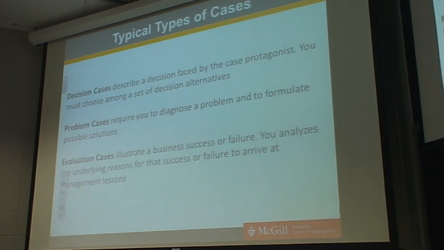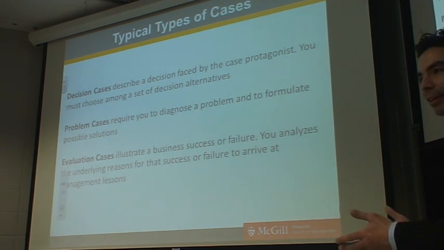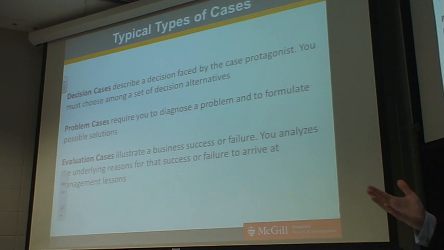Okay. There's different types of cases you can get, in the sense that you could have a decision case. All this means is it's a type of case where an organization or an individual or a business owner has a decision to make among 2 or 3 different options, right? Like say for example, putting it in a concrete way, you can be a small business owner that's looking to open up a restaurant in Montreal.